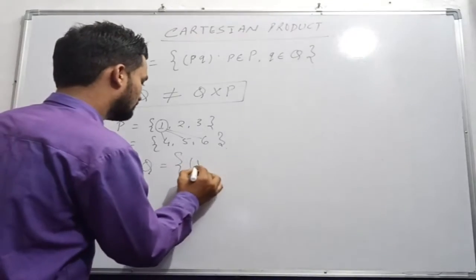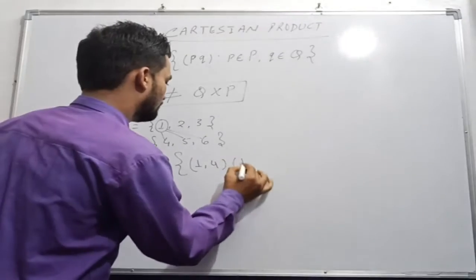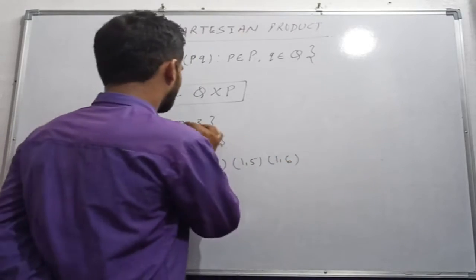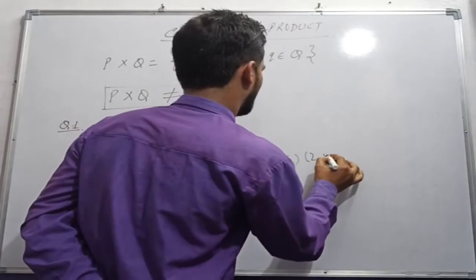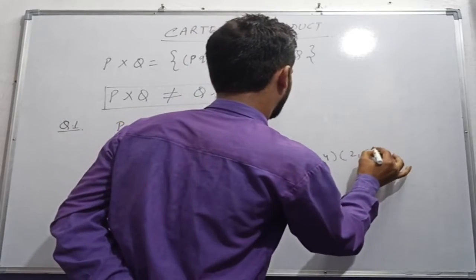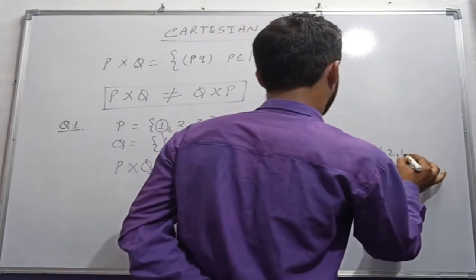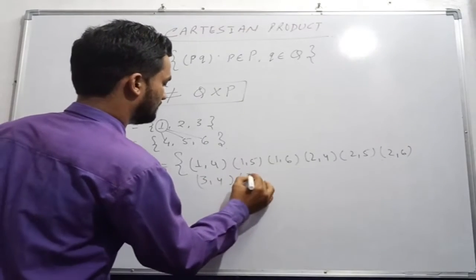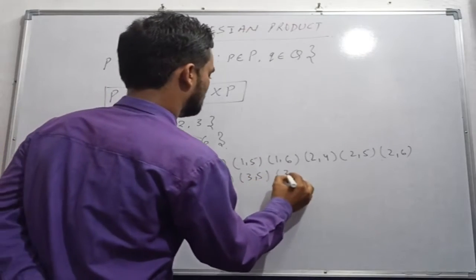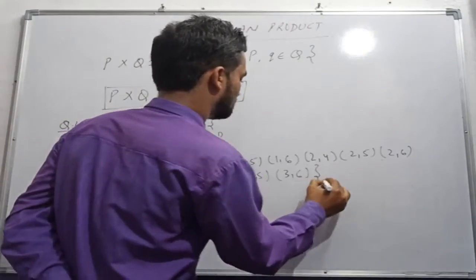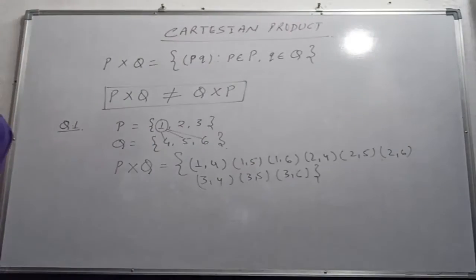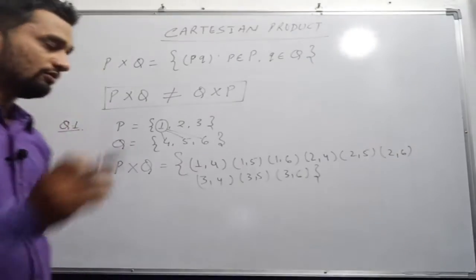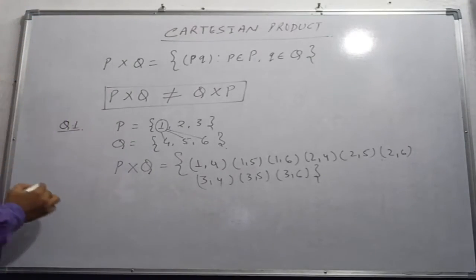So that will be (1,4), (1,5), (1,6), then the same for 2: (2,4), (2,5) and (2,6). Then the same for 3: (3,4), (3,5) and (3,6). This will be P cross Q.